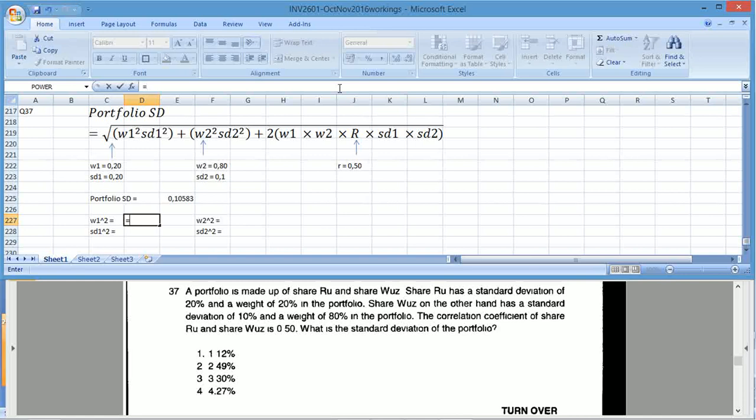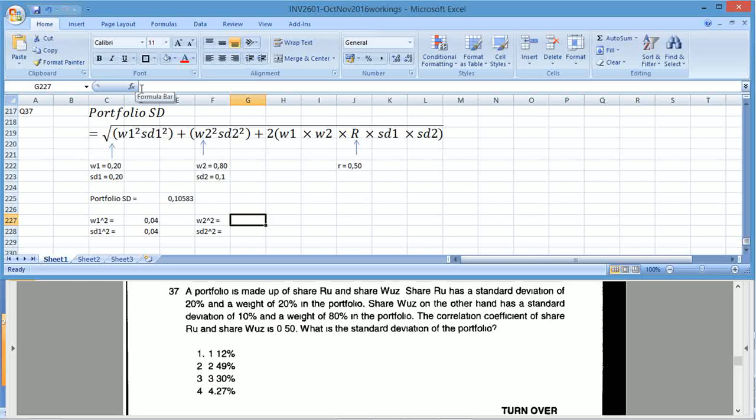Okay, so portfolio is made up of share R and share W. Share R has a standard deviation of 20% and weight of 20%. Yeah, it's the same thing. So 0.2 times 0.2, and then standard deviation is 0.2 times 0.2. Then we've got the weighting.